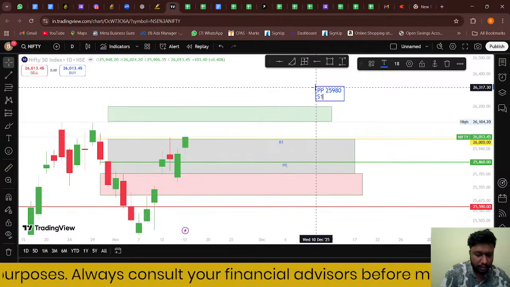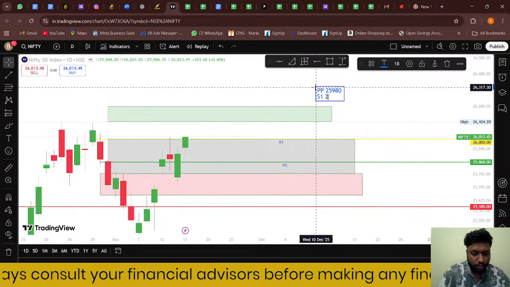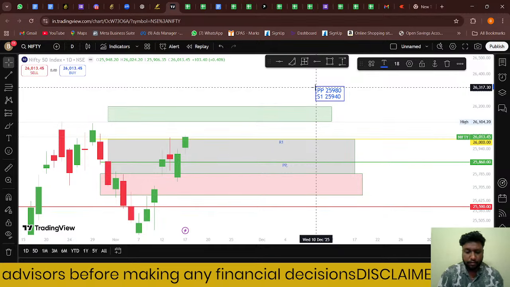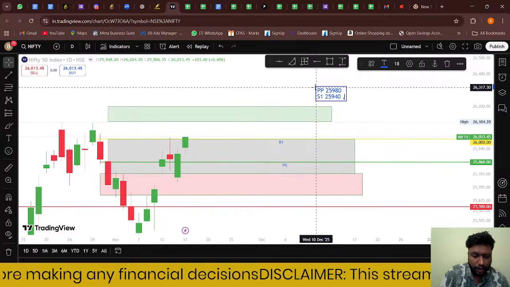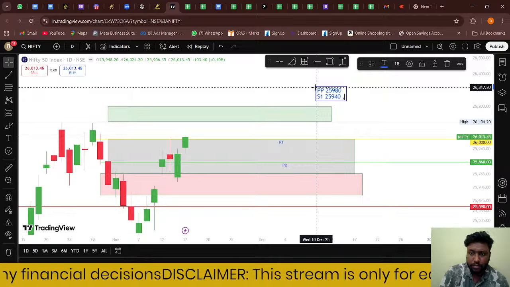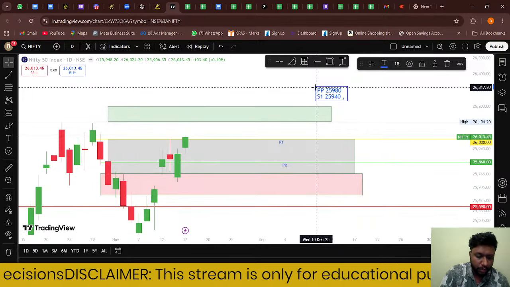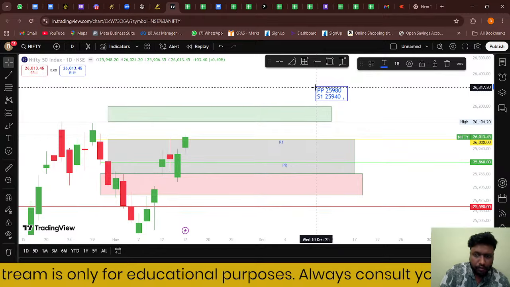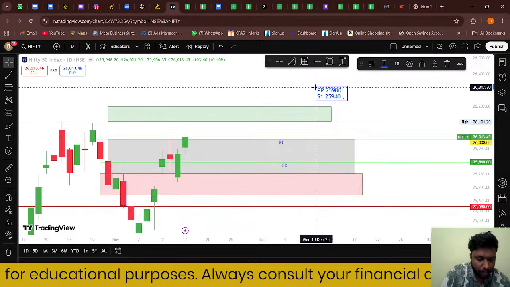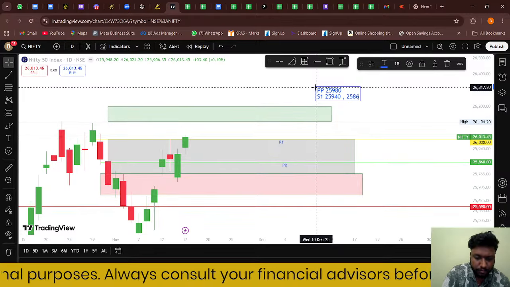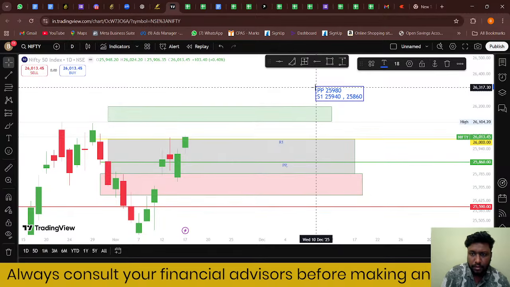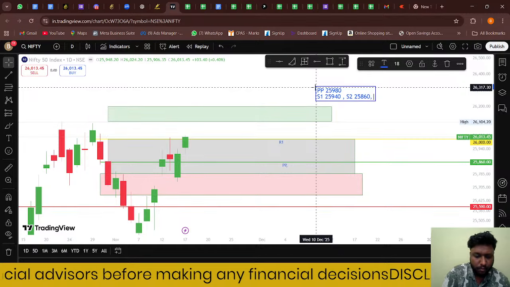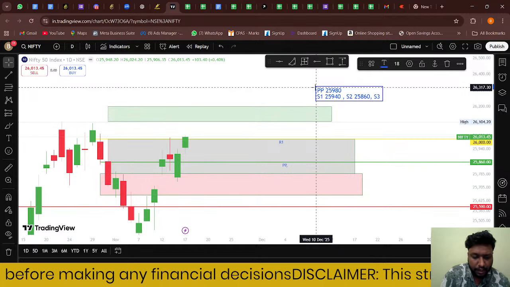Support one lies at 25,940, so it is a close range for the day. 25,940 will be the first support, the second support will be at 25,860, and support 3 lies at 25,800.